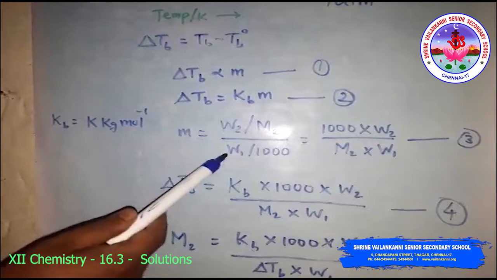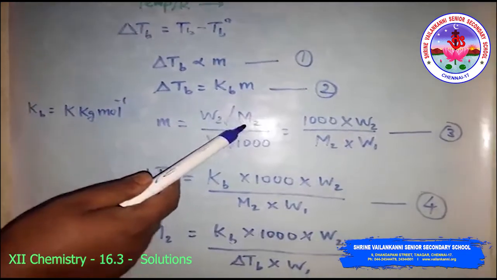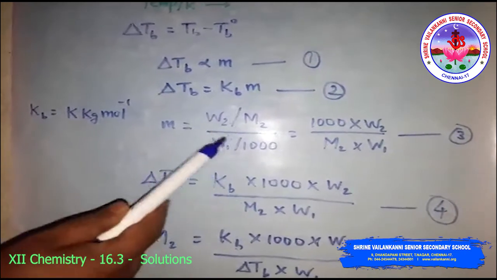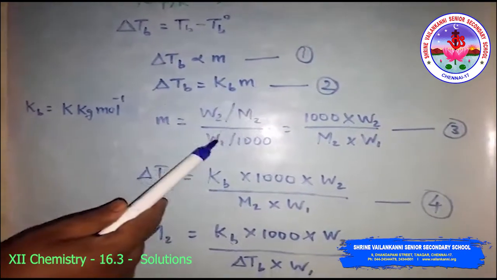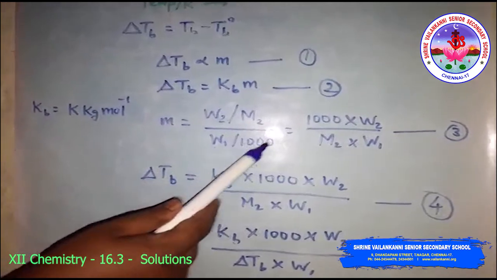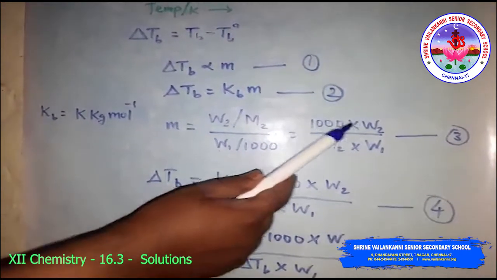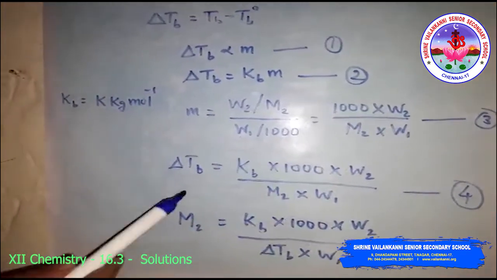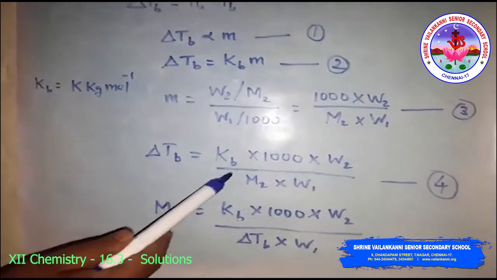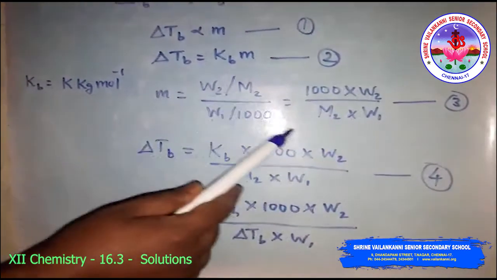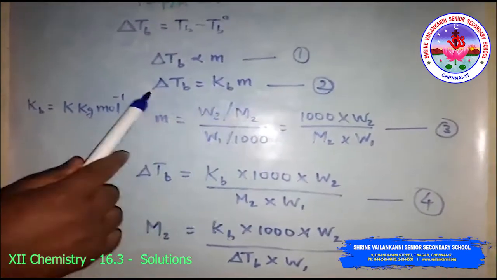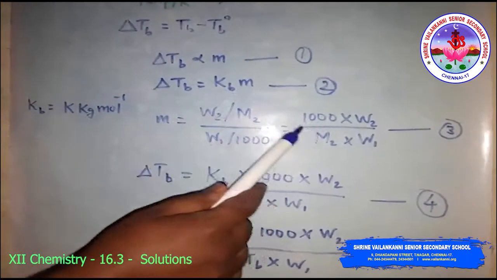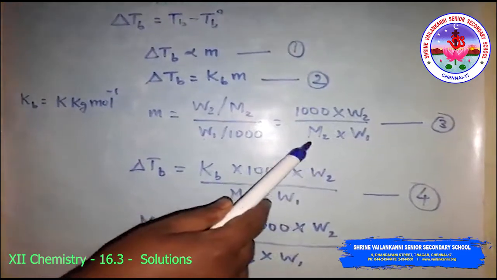Then we have m equals W2 into 1000 divided by M2 into W1. This is equation 3. Now delta Tb is Kb into m, so substituting this equation, delta Tb equals Kb into 1000 into W2 divided by M2 into W1.